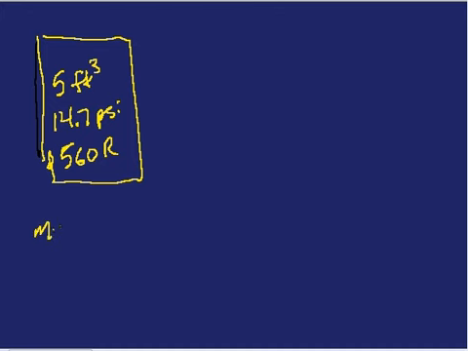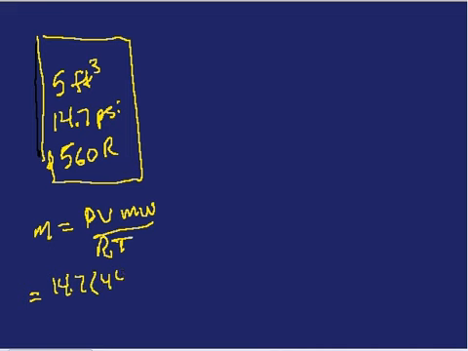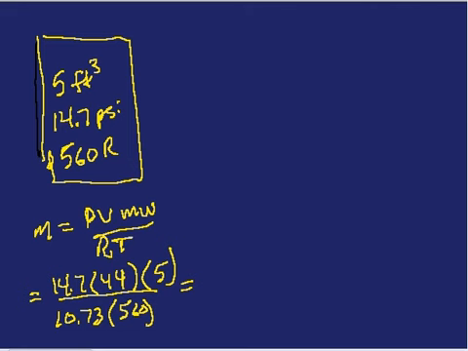So M equals PV molecular weight over RT is equal to 14.7 times 44 times the volume, which is 5 cubed, divided by R, 10.73, because now we're dealing with psi and feet cubed, and then times temperature, which is 560.